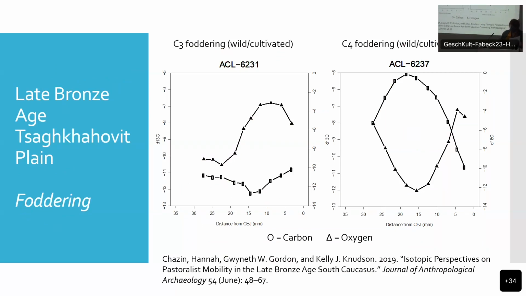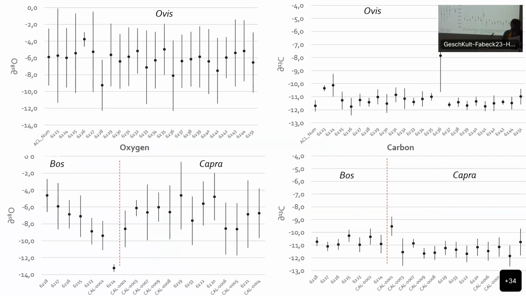So some of this evidence was tidy examples of foddering over the winter or foddering with C4 plants in an otherwise C3 dominant ecology. In addition to this more straightforward evidence, there's less clear stuff. So many of the sheep seem to have somewhat limited intra-tooth variation in carbon isotopes, suggesting some sort of homogeneity in their diet.